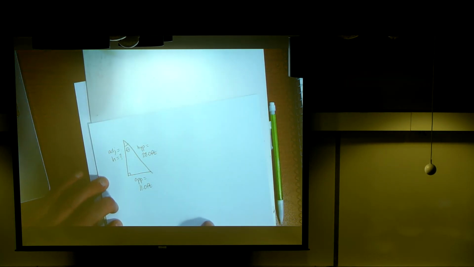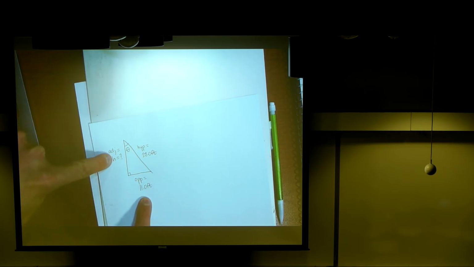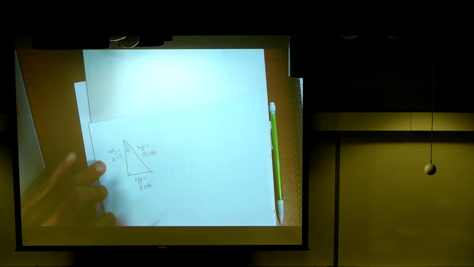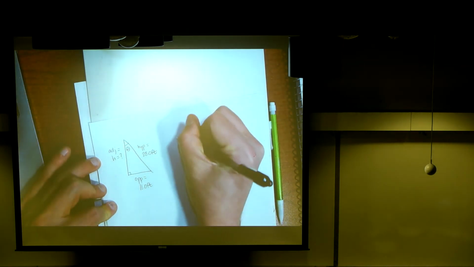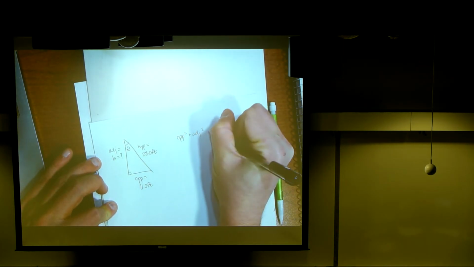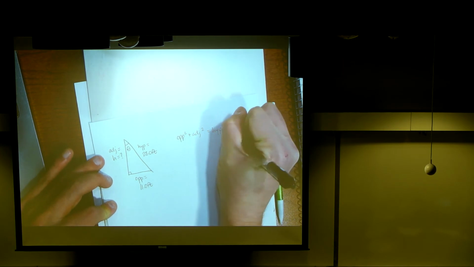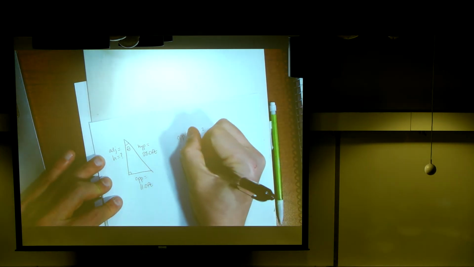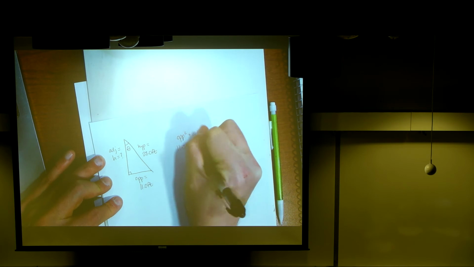Okay, so how does the Pythagorean theorem go in this case? We square this side, we square this side, and that equals the hypotenuse squared. So let's just write it as opposite squared plus adjacent squared equals hypotenuse squared. For opposite, I'm plugging in 11 feet.